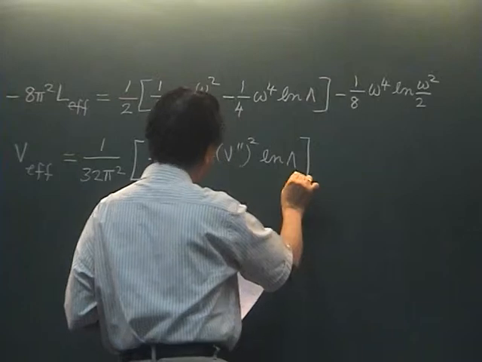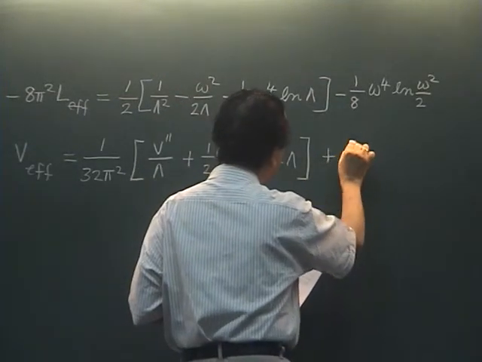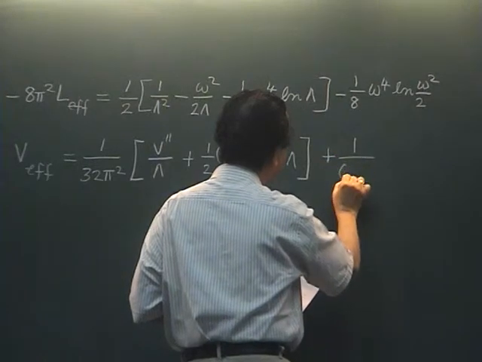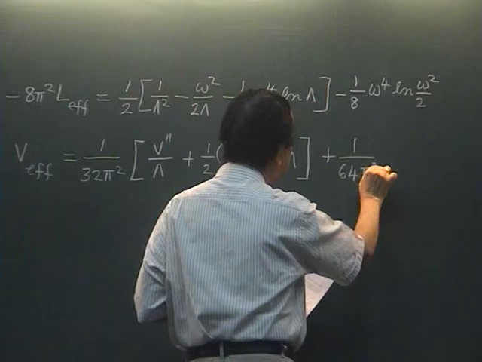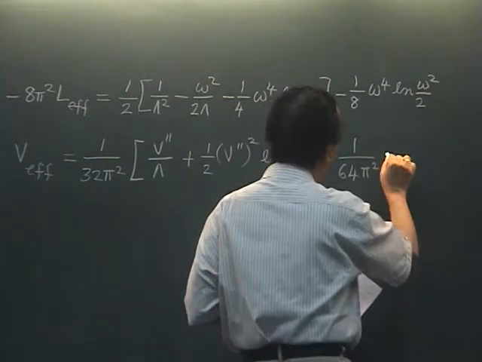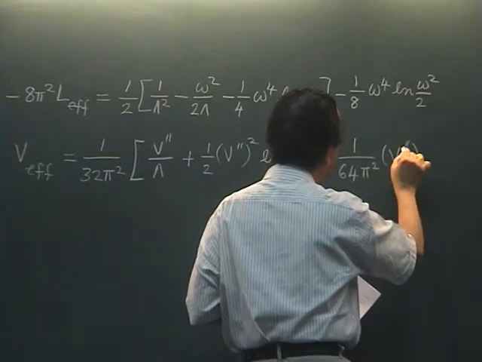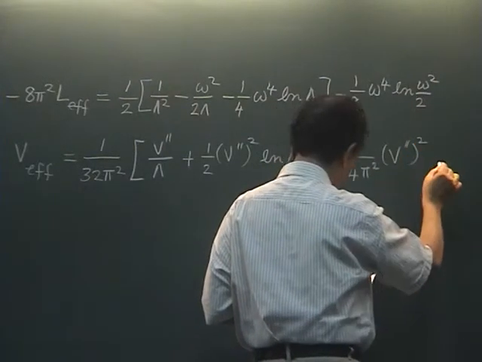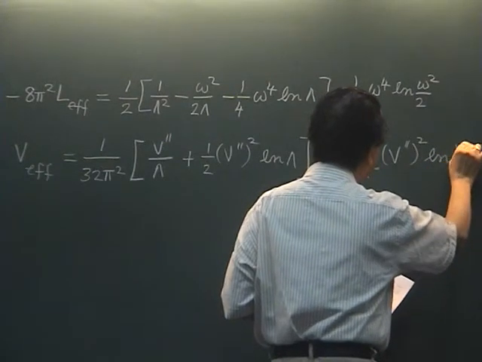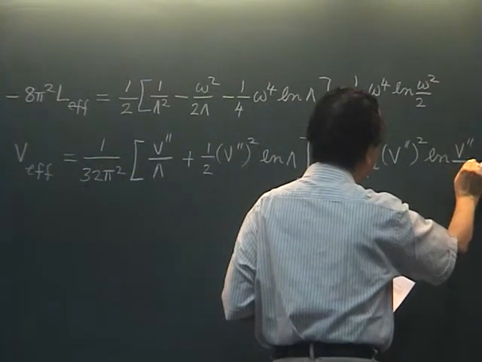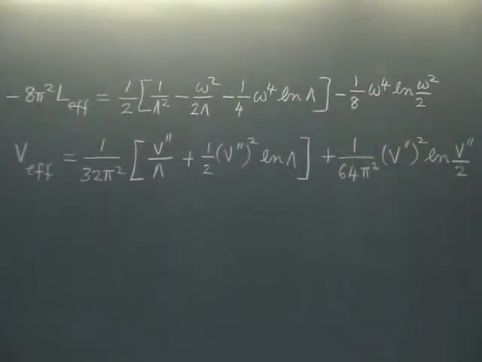These are the two divergent terms. Then I have a finite term, which is 1 upon 64 pi squared V double prime squared log V double prime by 2. So this is what we want to set.